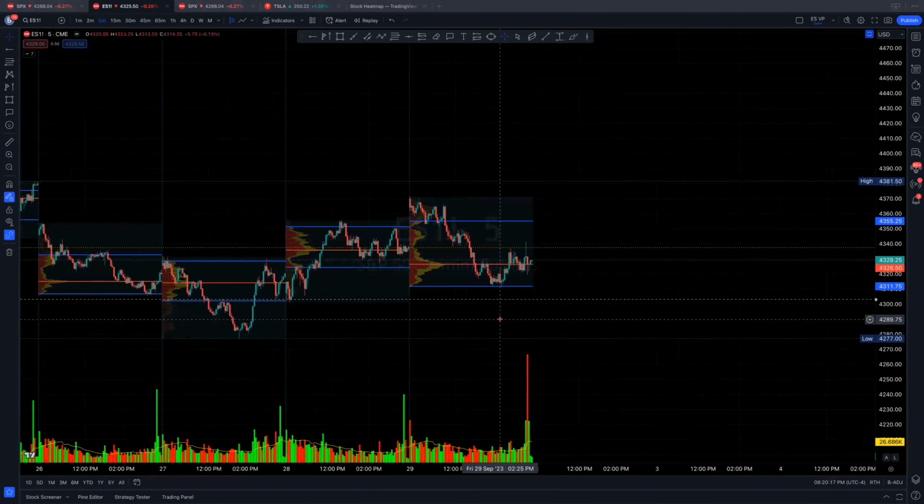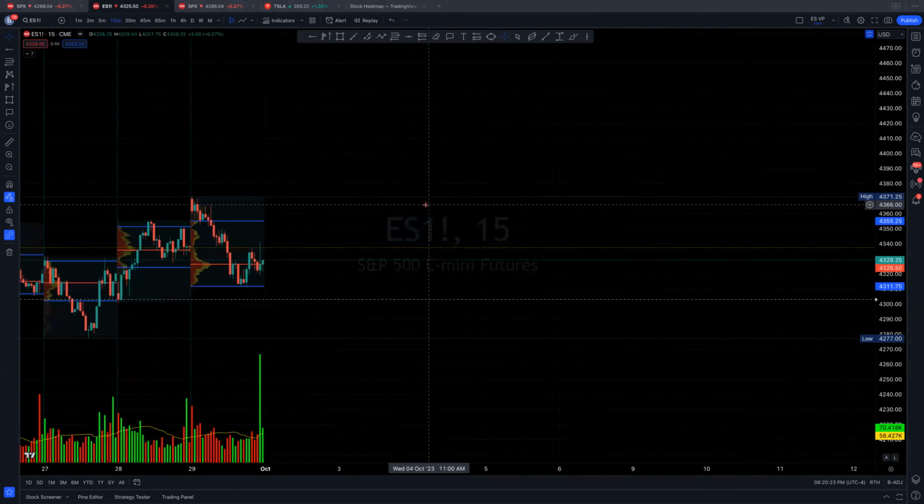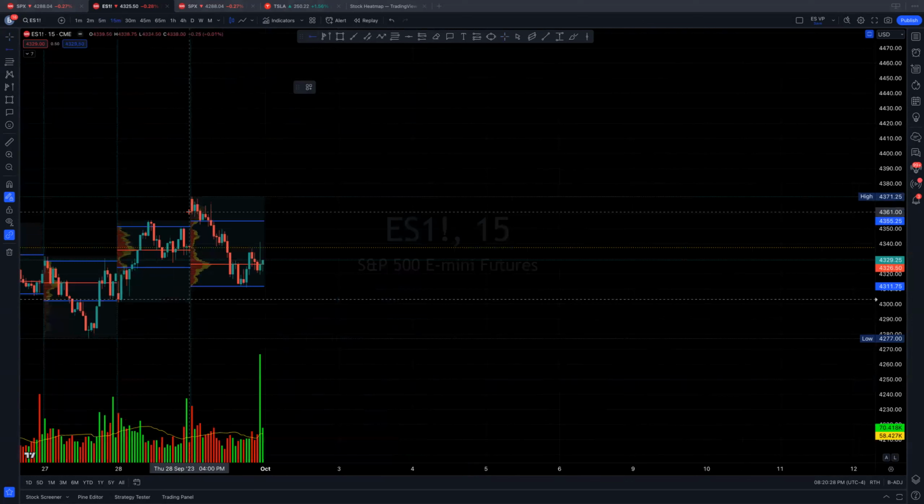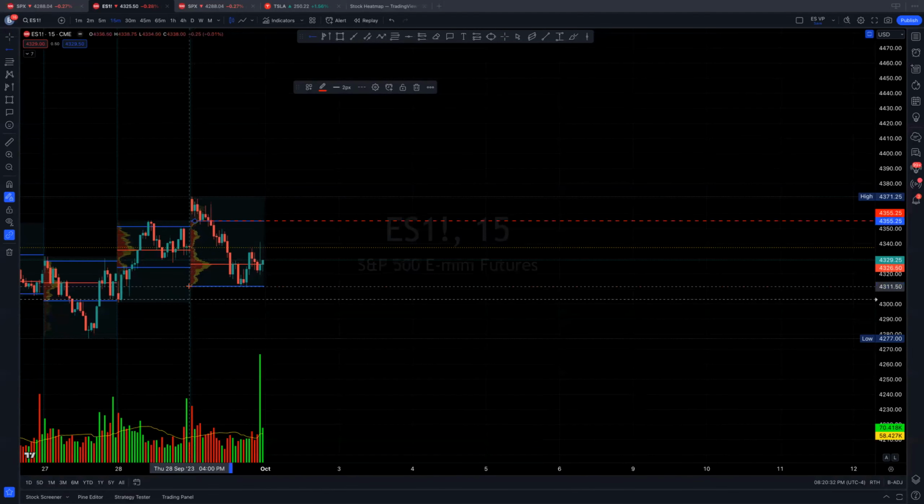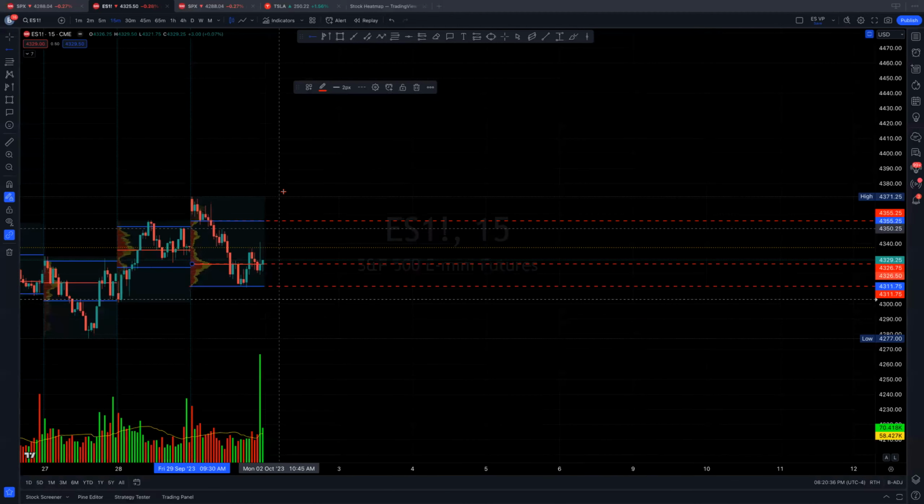Now, very important, guys, when using volume profiles, I like to stay under the 15-minute time frame. Let me show you why. So this is our value area high, value area low, and this right here is the point of control.